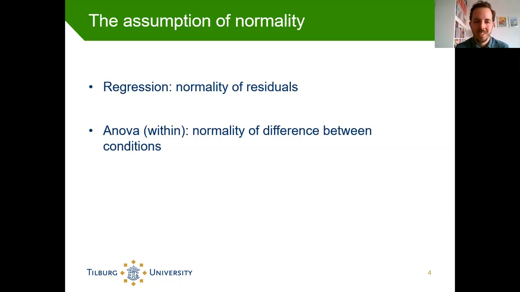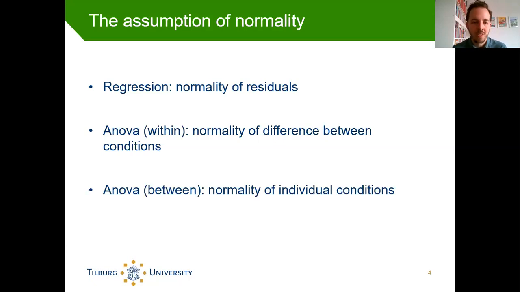And I'll quickly show you in SPSS how to do this. If you have between subject variables in your ANOVA, what you actually do is you check the normality of your individual conditions themselves. So not the difference between conditions, but the individual conditions themselves. So the raw data in your individual conditions. So basically, those are 3 different ways in which this assumption of normality is being instantiated.